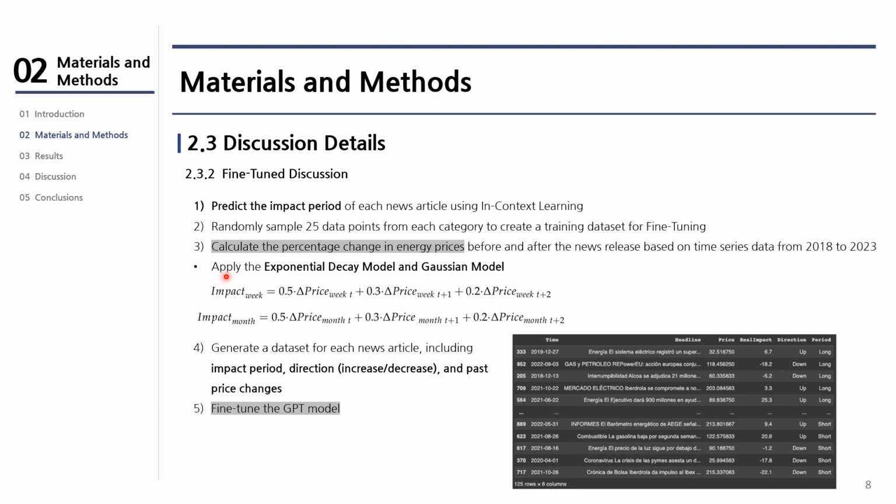At this stage, we apply the exponential decay model and Gaussian model, incorporating weights to reflect the decreasing influence of news over time. Finally, we generated a dataset for each news article, including impact period, direction, and price change, and used this dataset to fine-tune the GPT model.